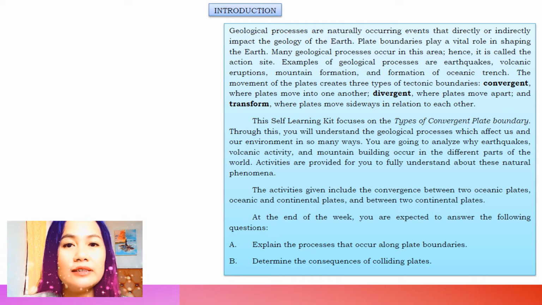And the third type is the transform fault boundary, wherein the plates do not move toward or away from each other, they simply slide past each other. For week number 5, the focus is on the convergent plate boundary.